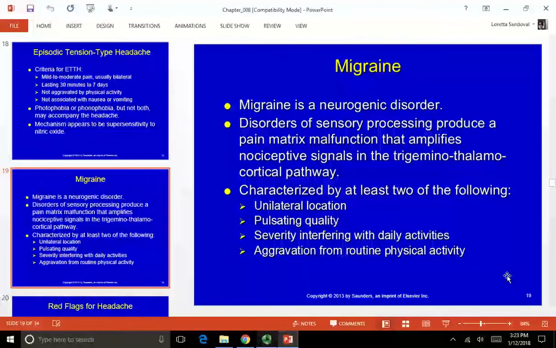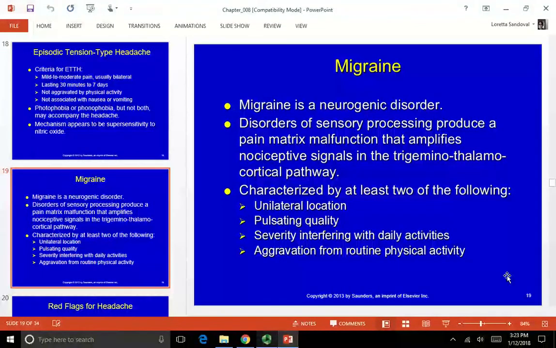Migraine is a neurogenic disorder. So disorders of sensory processing produce a pain matrix malfunction that amplifies nociceptive signals in the trigemino-thalamocortical pathway. So it's a pathway leading from the cranial nerves to the thalamus and the cortex.